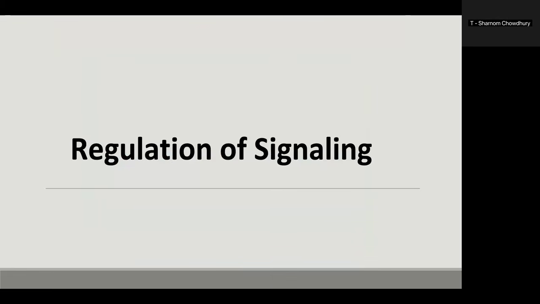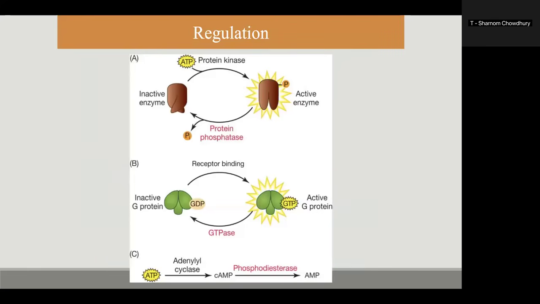So how are cells regulated? We're almost done. So cells are regulated through several methods. One, protein phosphatase. As you mentioned before, phosphorylase and protein kinase can phosphorylate certain molecules. In this case, it's activating the enzyme. It can also inactivate it, but in this case, it's activating the enzyme.